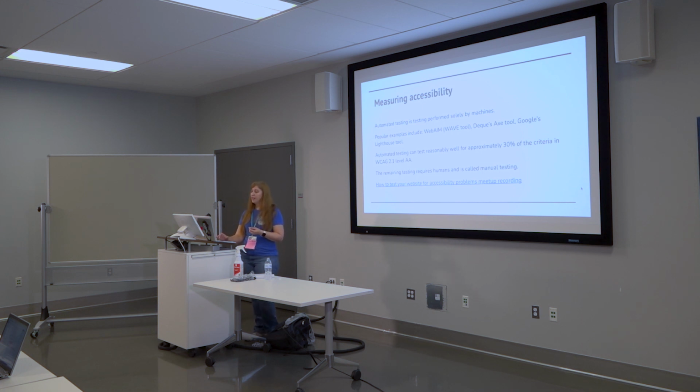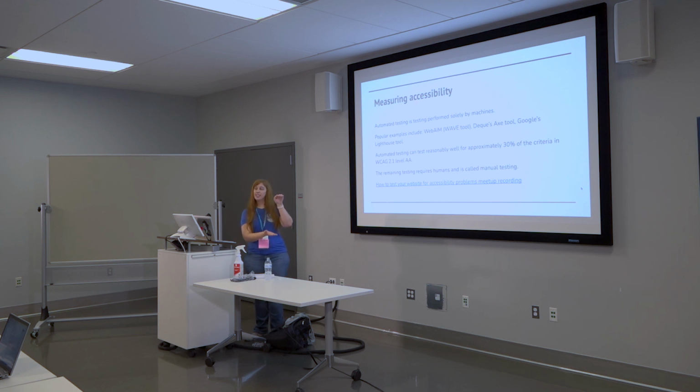And then once you've done that, that's going to be able to test roughly 30% of that whole list of criteria in WCAG 2.1 level AA. So we got this whole list of items, and about 30% of them can be effectively tested using an automated tool.